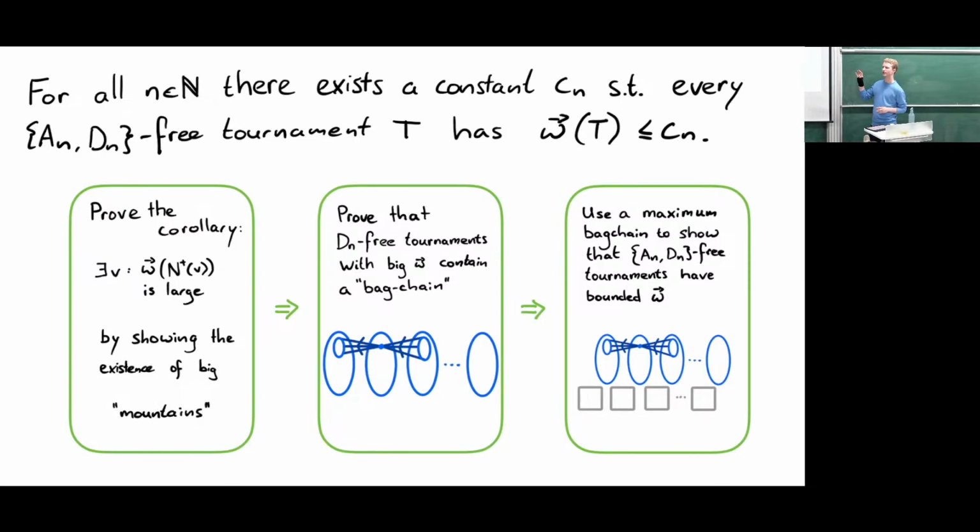Because if these are the only two obstructions, then look at your biggest subtournament, and that must then contain a large D_n or A_n. So then your subtournaments would have large diclique number. And I'm not sure I believe that, but I also definitely don't have a counterexample.